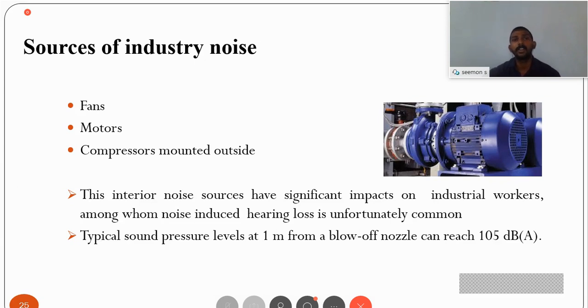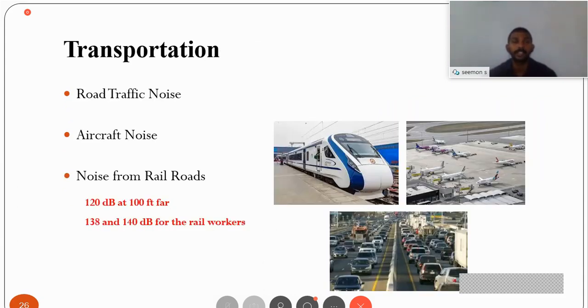And next is transportation. The fourth type is transportation. It covers road traffic noise, air traffic noise, and railroad noise. Road traffic noise comes from cars and trucks moving through the roads. Next is aircraft noise, which is produced while the aeroplane is moving. And next is railroads.